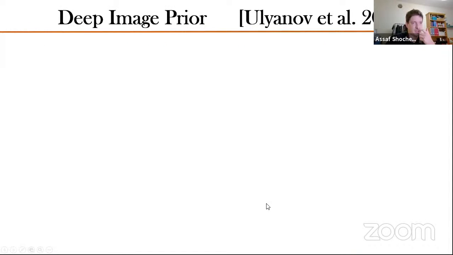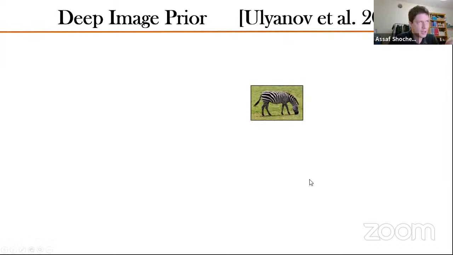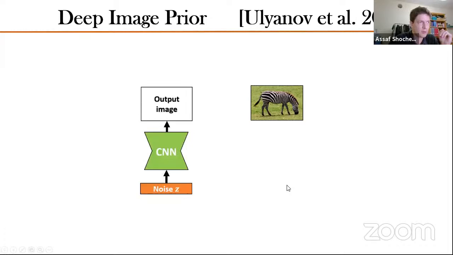Our approach was very much inspired by and based on the very famous deep image prior work that came out in 2018 by Dmitry Ulyanov, Victor Lempitsky and Andrea Vedaldi. I'll do a very oversimplified explanation of what they have there. Say you have this image.